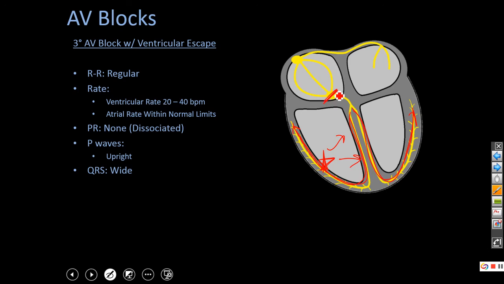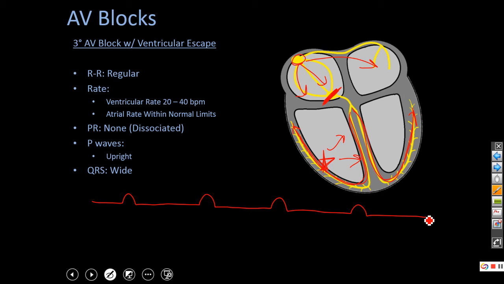So in this scenario, we have AV block, so no impulses are getting through. The SA node is still pacing the heart, but none of those impulses are reaching the ventricles. So you have, like I said before, this is your atrial rhythm, and then pacing completely independently of that are the ventricles.